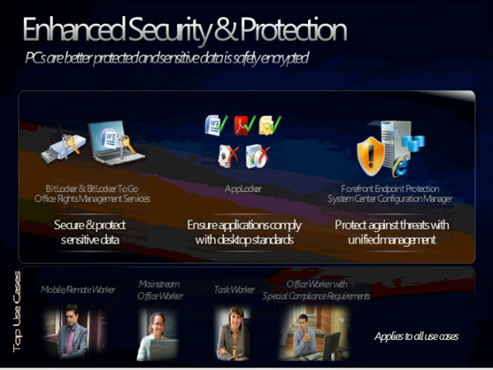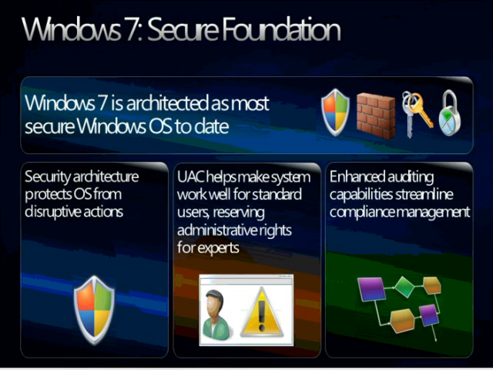So I want to pause here for a short while and just touch upon Windows 7 itself, the very foundation of the security platform. For those of you who have been using Windows 7, you may have found that it's quite a different experience from previous versions of our operating system. And the reason for that is that we at Microsoft took a very comprehensive approach when we were developing Windows 7 Enterprise.